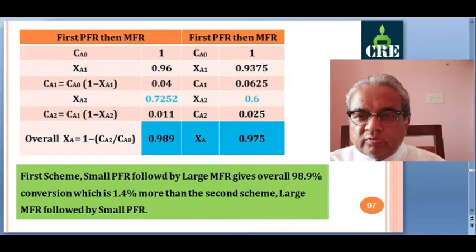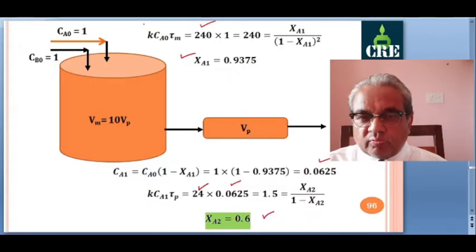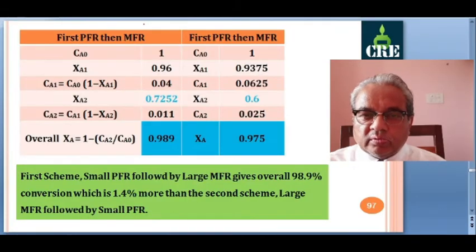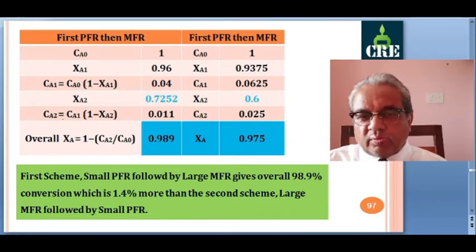Now we tabulate these values. First plug flow and then mixed flow. First case, first plug flow and then mixed flow. So you start with Ca0 equal to 1, Xa1 is 0.96, Ca1 is 0.04, Xa2 is 0.7252 which we got, and this Ca2 which is coming out of the second reactor will be Ca1 into 1 minus Xa2.